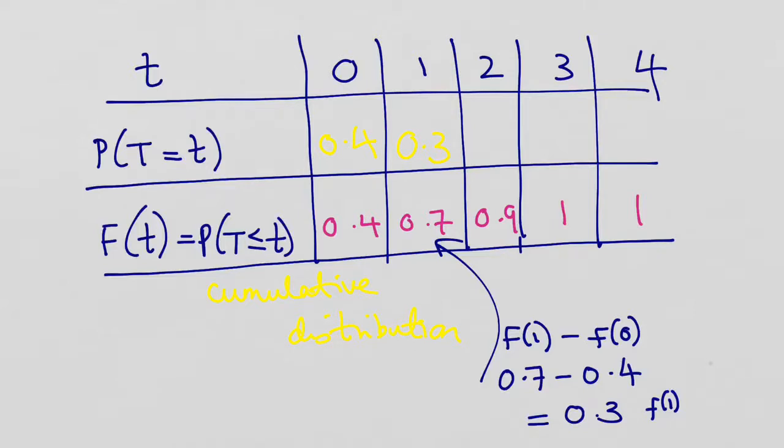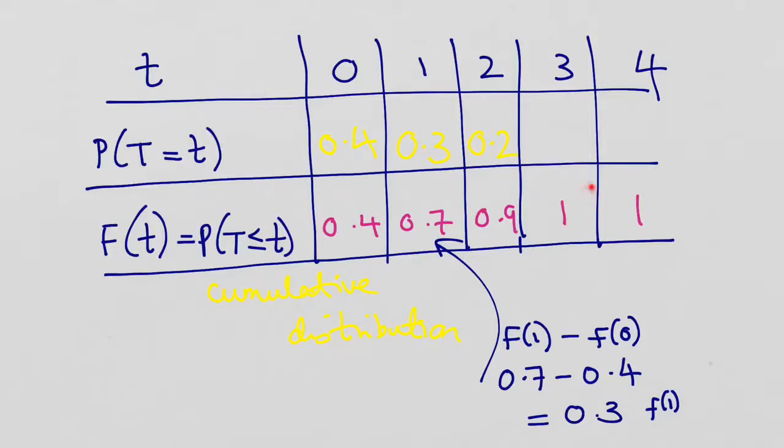So this one down here, if I just want 2 by itself, this one here, remember, is probability 0 plus 1 plus 2. So if I do the probability of everything up to and including 2, take away the probability of everything up to and including 1, I'm just going to be left with 2. So 0.9 take away 0.7 is 0.2.